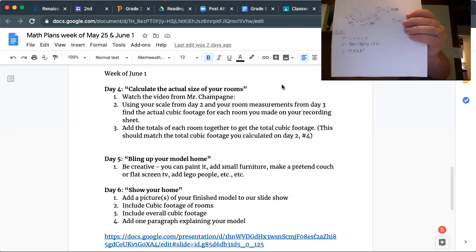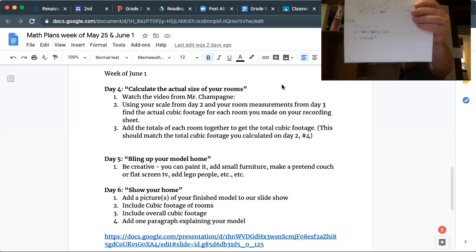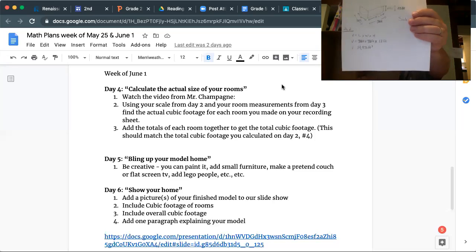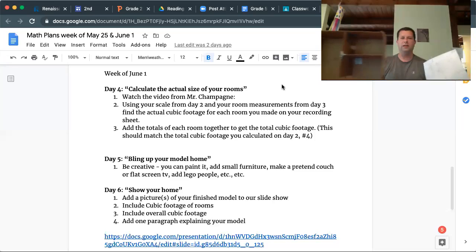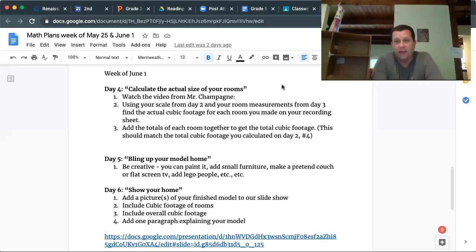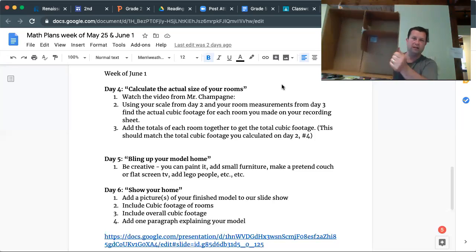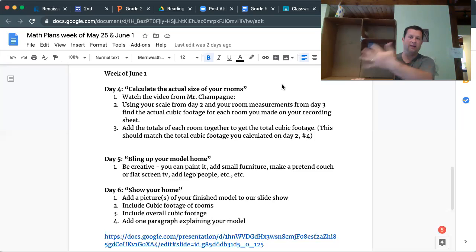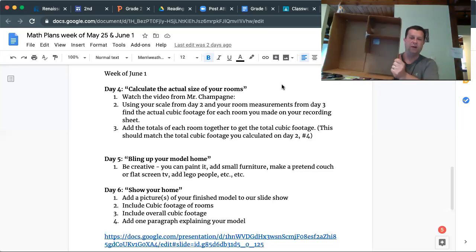Exactly the same, 14,976 feet cubed. So the idea here is that when you total the rooms up, you're going to get the same volume as when you just look at the whole box. Each room added up will equal the entire box.